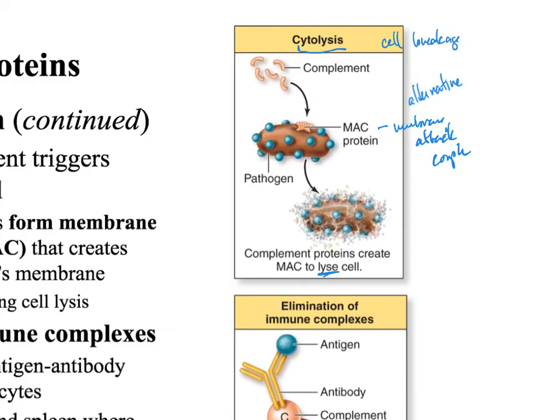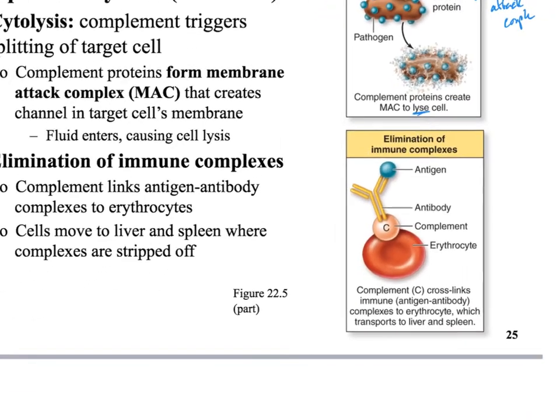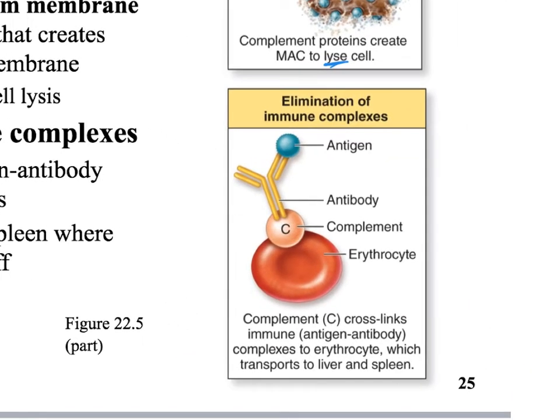Over here you have an antibody-mediated pathway. So this is a classical pathway for complement activation. So complement, antibody, antigen. In this case, this is an erythrocyte.